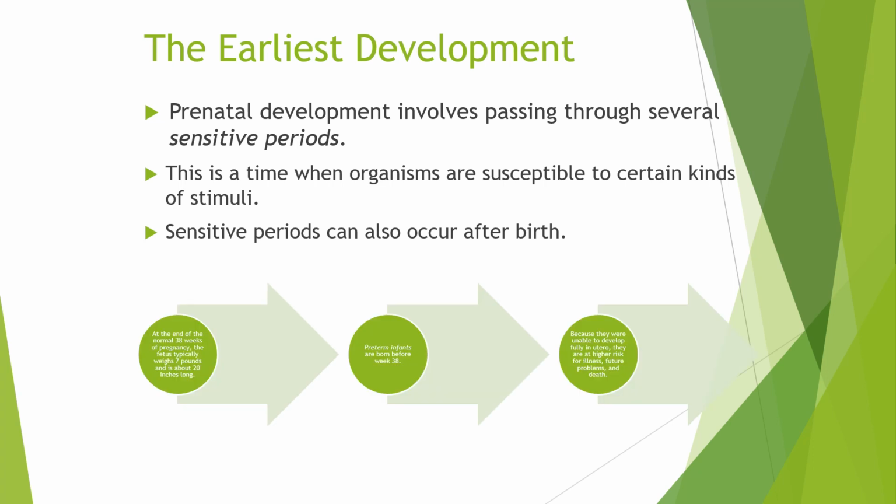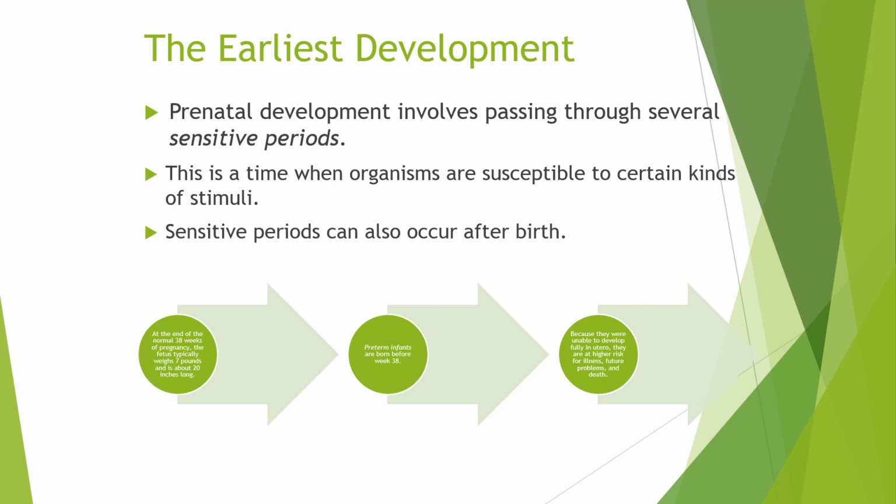You can see here on the left at the first arrow, at the end of the normal 38 weeks of pregnancy, the fetus typically weighs 7 pounds and is about 20 inches long. Then preterm infants are born before 38 weeks.